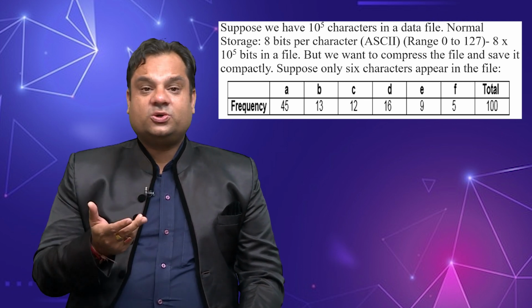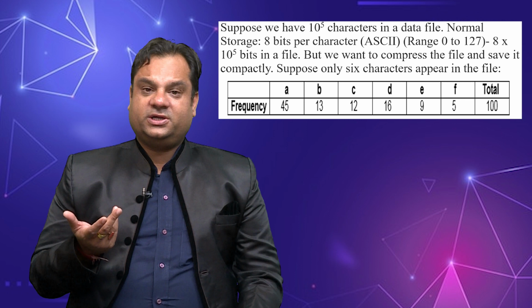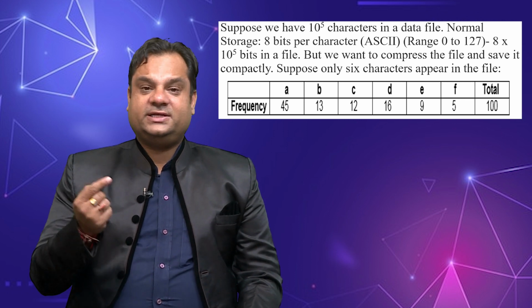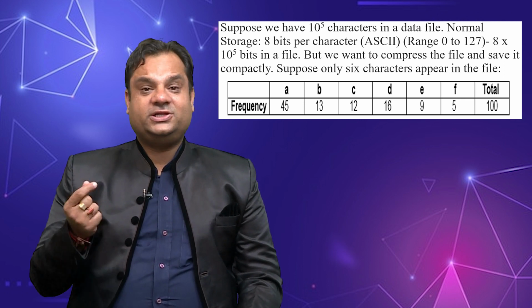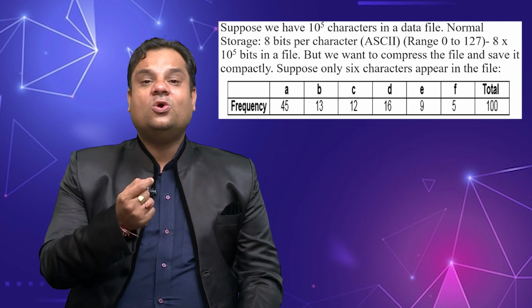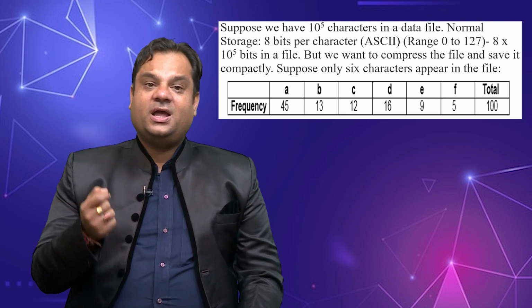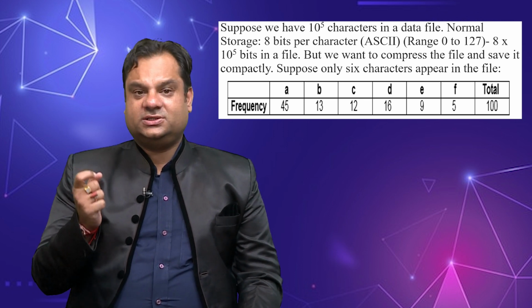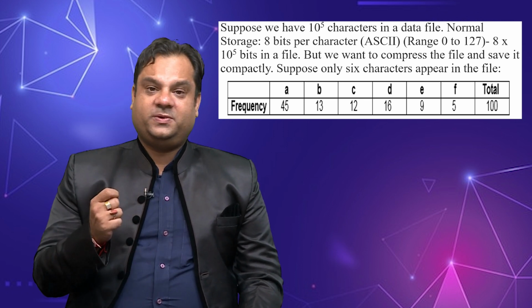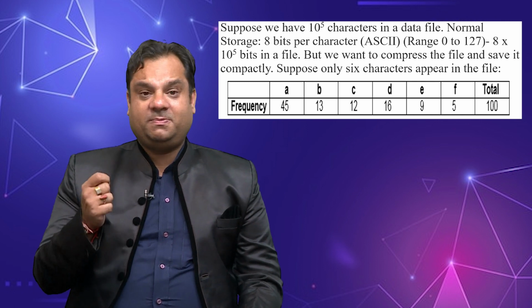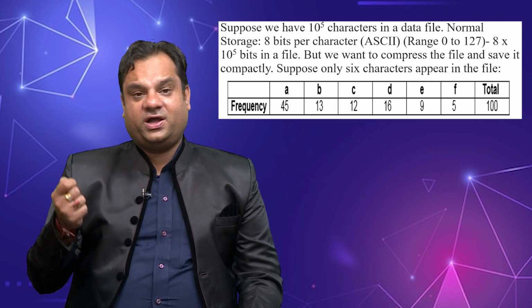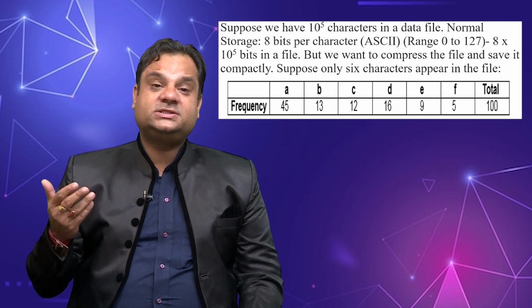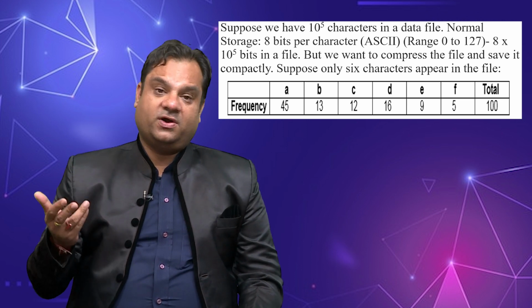Normally storage is 8 bits per character, as it depends on ASCII. As we know, the range of ASCII is 0 to 127, and 8 bits are required per character. So for 10 to the 5 characters, we require 8 multiplied by 10 to the 5. It means 8 lakh bits are required in a file.